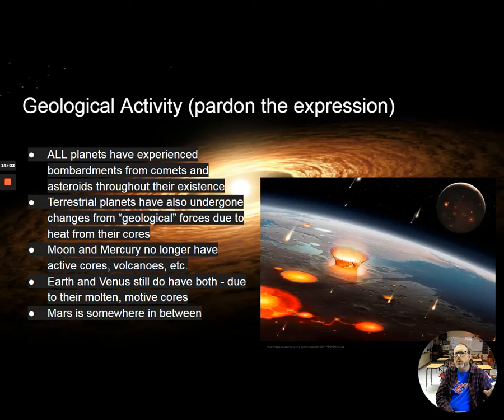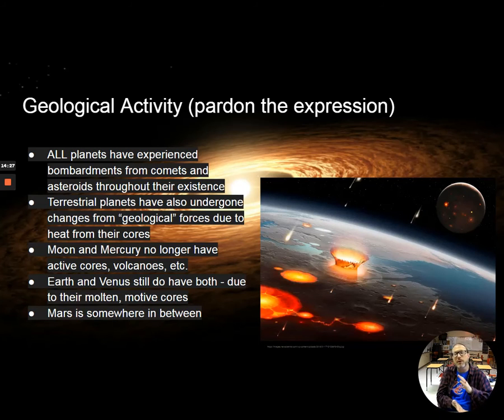Mars didn't cool quite as quickly as Mercury and the Moon, and that's evident because Mars has some of the biggest volcanoes in the solar system that we know of, Olympus Mons. There's also evidence that Mars had liquid water because there's evidence of erosion and weathering, and that you're only going to get when you've got a water cycle of some kind going on.